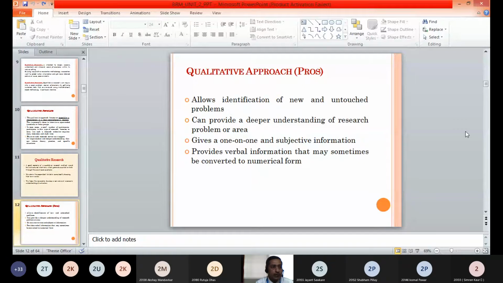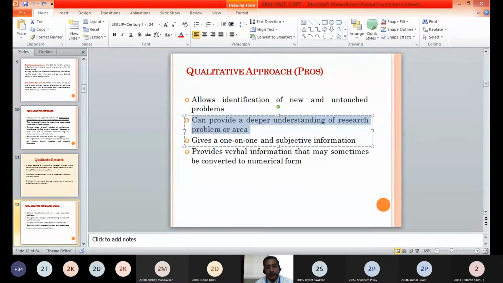So in qualitative approach, as we have discussed, we try to explore that particular situation or problem which is new. So to get a better understanding of that particular situation or problem, this qualitative approach will always help the researcher.